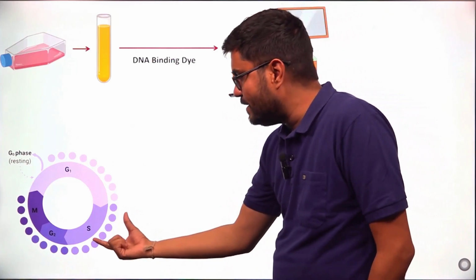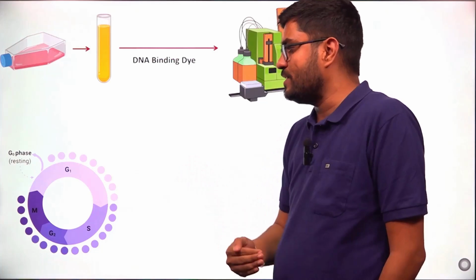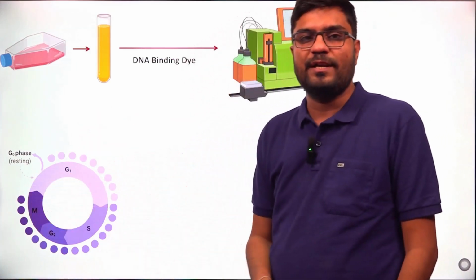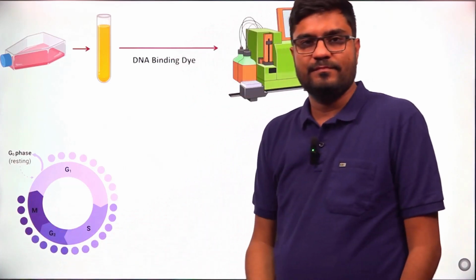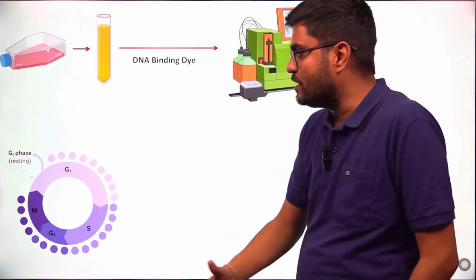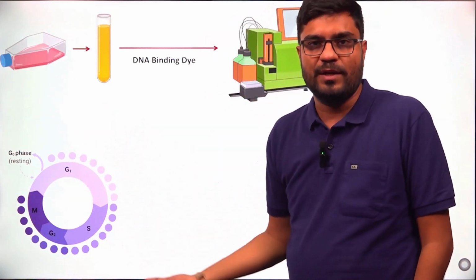Then these cells will be giving us a higher amount of fluorescent signal than G1, but lesser than G2 and M. And the cells which are present in G2 will be giving us the highest amount of fluorescent signal, because the DNA is X, 2X, and in between X and 2X.